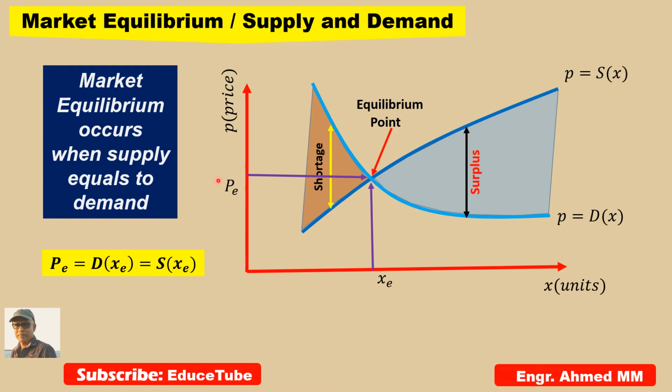Here P_E is called the equilibrium price, because this is the equilibrium point. So this is the equilibrium price and this is the equilibrium production level. Here, this one, this is the price.